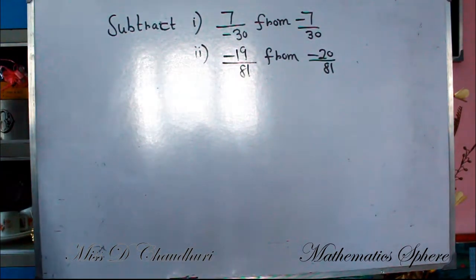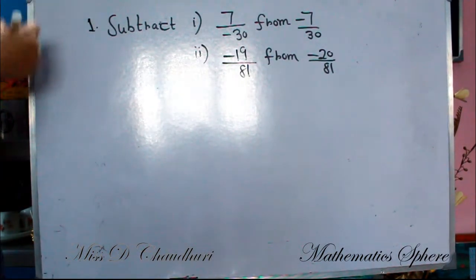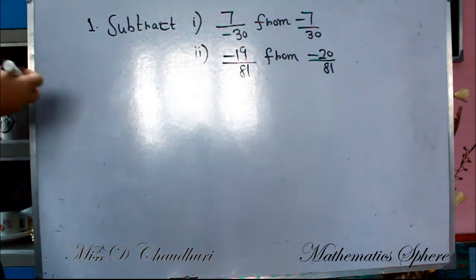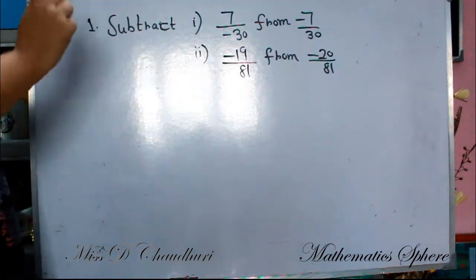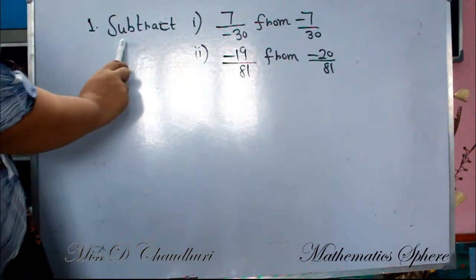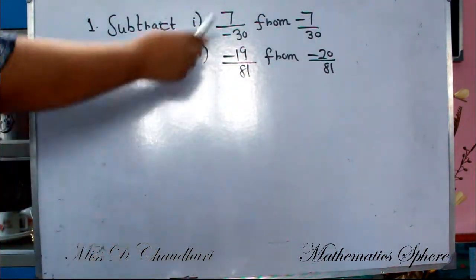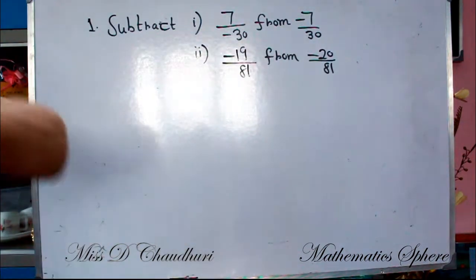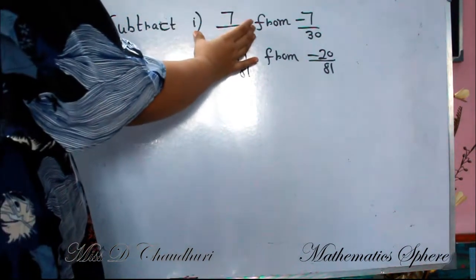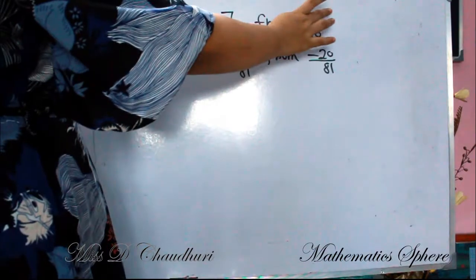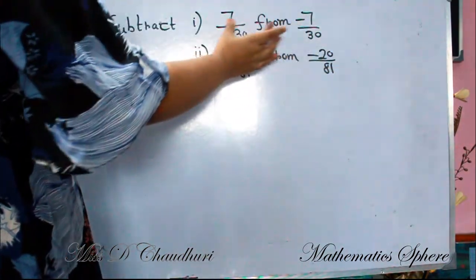Okay, so see what they have said in the question. This is Roman number 1, and out of them I have chosen 2 questions of S. Chand. See, in the first question which I have taken, they have said subtract 7 by minus 30 from minus 7 by 30. Now comes the main thing. Some of the people will think that this will be subtracted from this. No, from this one means this one minus this one.